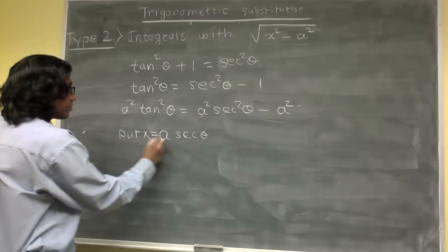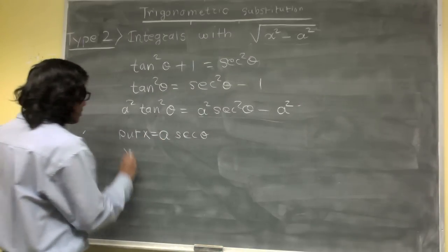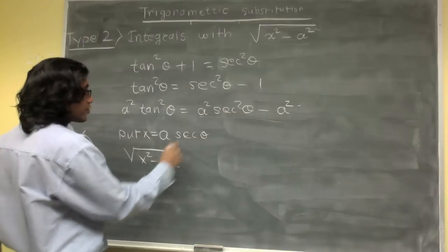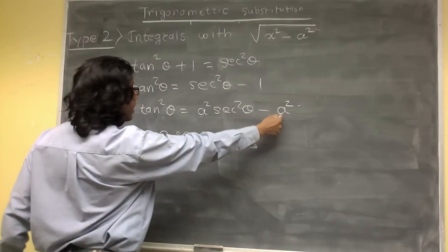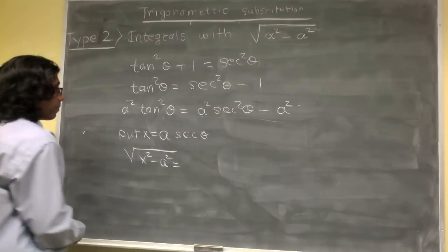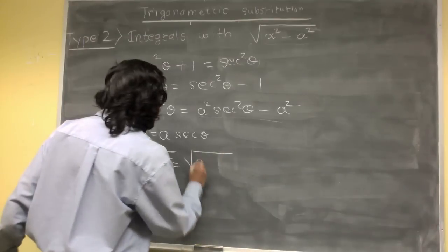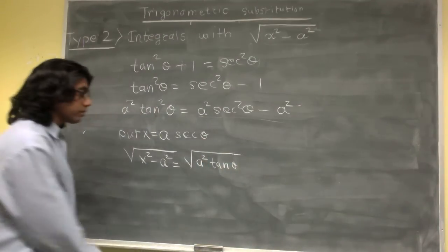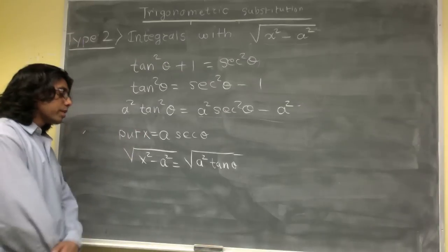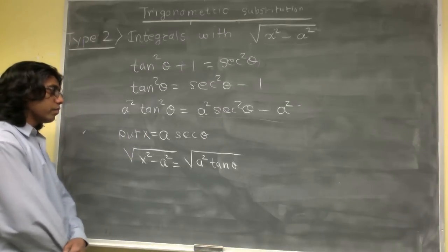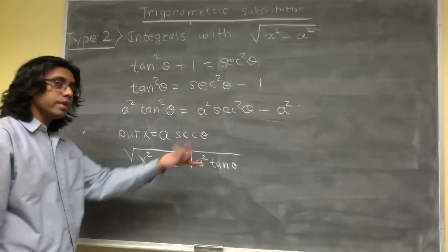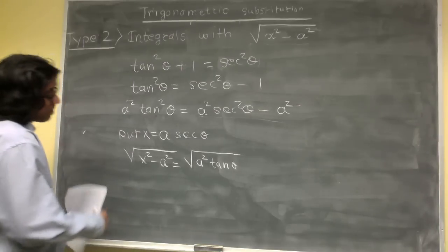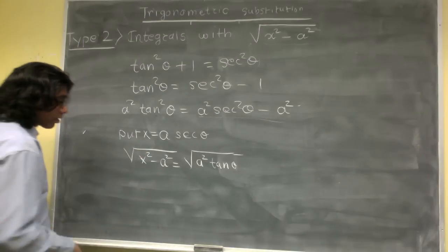So if you put x is equal to a times secant of theta, the square root of x squared minus a squared, which is a squared secant squared theta minus a squared, becomes square root of a squared tan squared theta. Now again, in this case you have to be careful that one must take theta from 0 to pi by 2 to make this function 1 to 1.